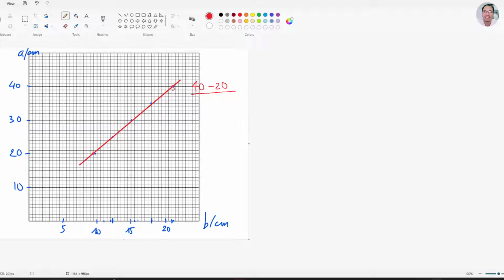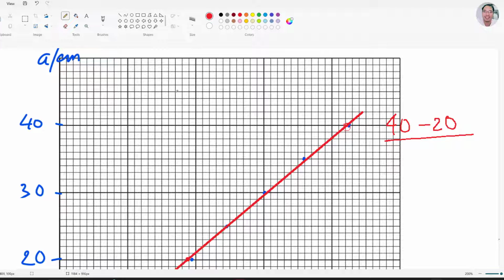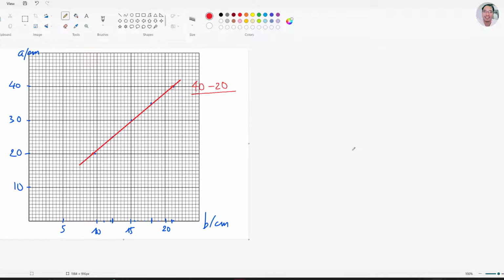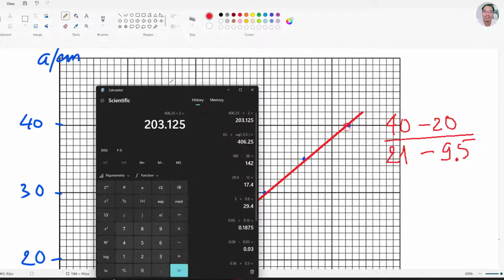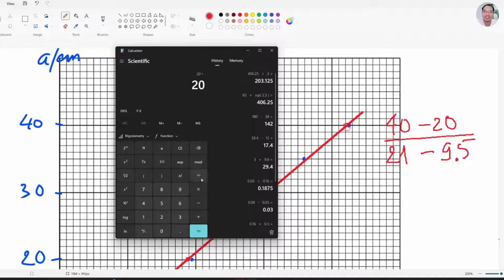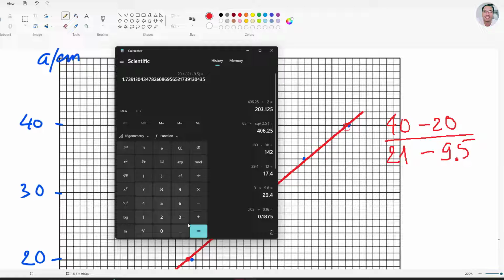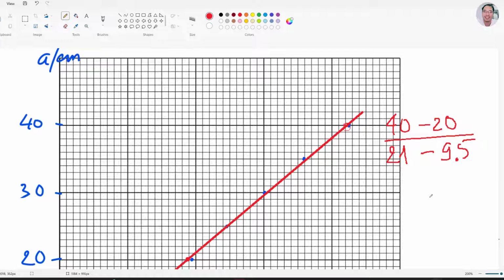The value is 21, a little bit greater than 21, but it doesn't matter, it's 21. And the other point here is 9.5. So the gradient is this ratio, 20 divided by 21 minus 9.5. It is 1.74.